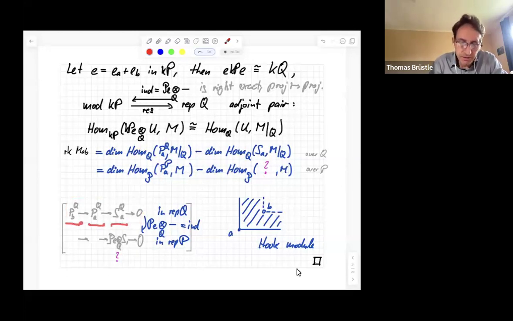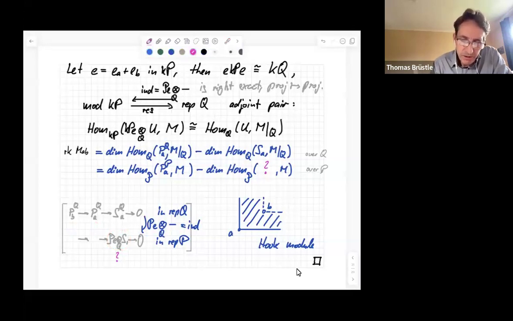Good. Now I take this projective resolution. I know induction is a right exact functor. When I want to compute the tensor product, I'm not very good at that, so I just use the fact that induction is a right exact functor. So I replace this value here by the cokernel of what I get here.